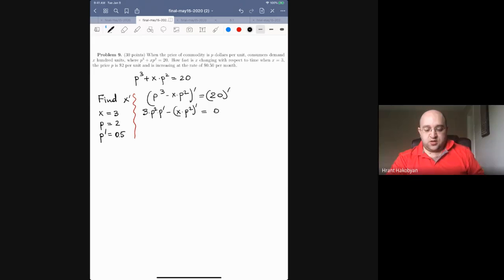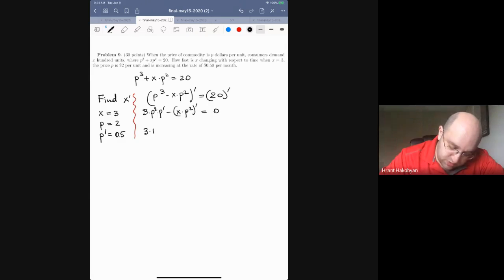We have to use the product rule here. So it's going to be again 3 times p squared times p prime, minus, and the product rule here is going to be, I'll write it in parentheses, x prime times p squared plus x times p squared prime.